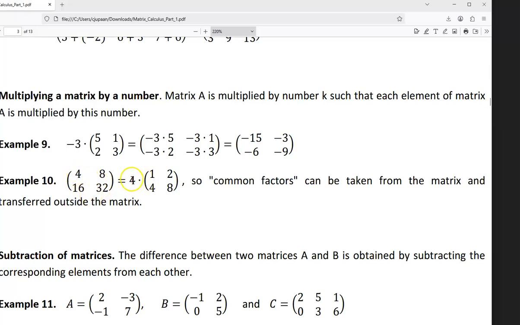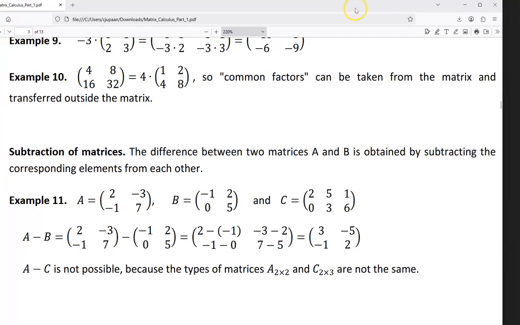So I can take that 4 outside of the matrix, and then I will just divide all these values inside the matrix by 4. That leaves us 1, 2, 4, 8. So this is also possible to do with matrices. There are many same kinds of rules as we have in basic algebra.